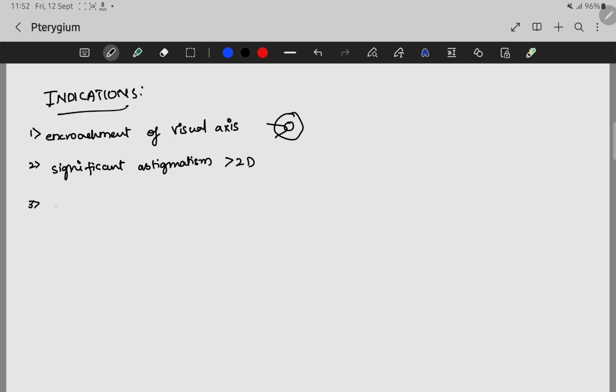There is extraocular muscle restriction leading to diplopia. There is an atypical appearance like dysplasia.